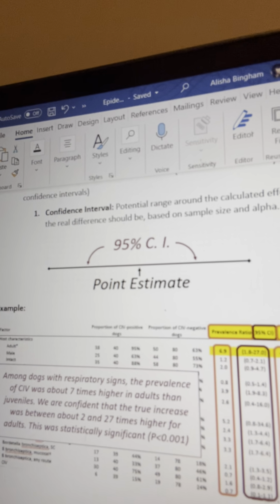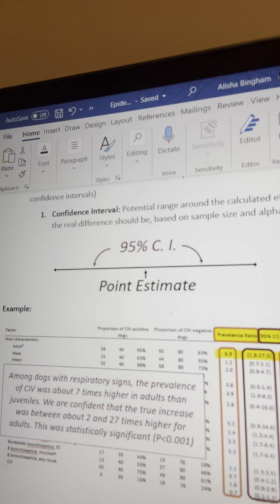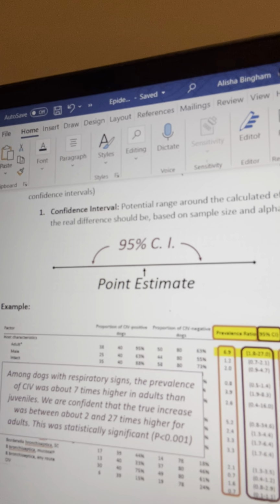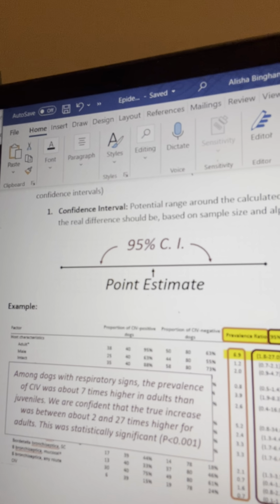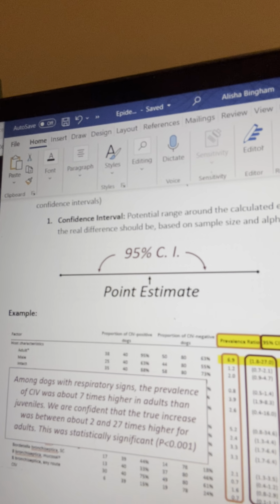So among dogs with respiratory signs, the prevalence of CIV was about 7 times higher in adults than juveniles. So we are confident that the true increase was between about 2 and 27 times higher for adults. And this was statistically significant because the p-value was less than 0.001.